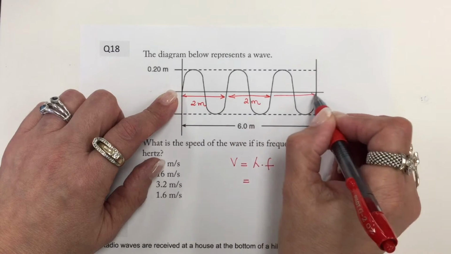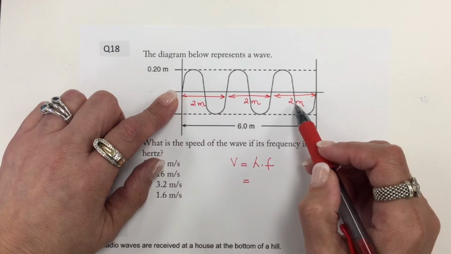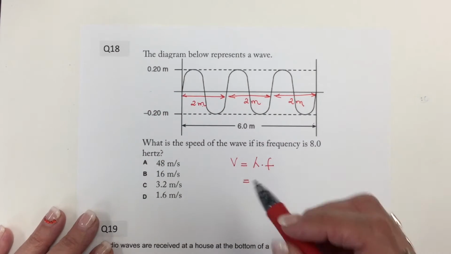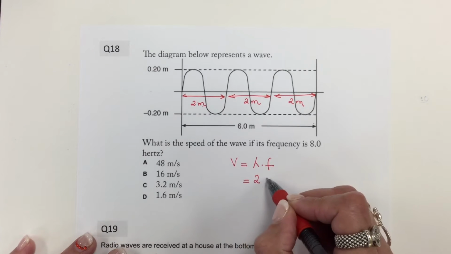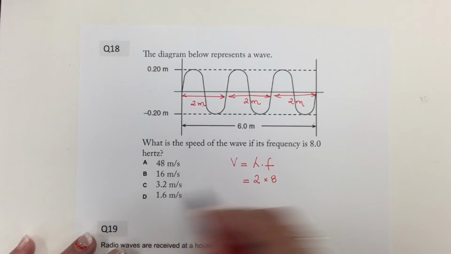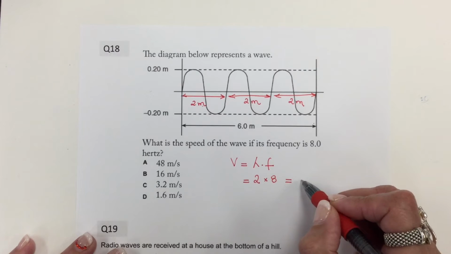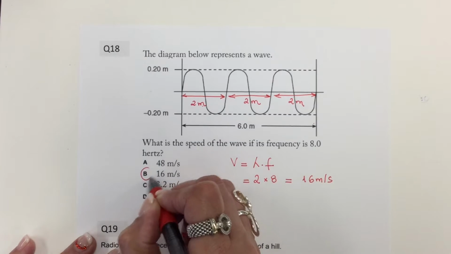And the last one is 2. So 2 plus 2 plus 2 is 6. Okay, so now that we know the value of the wavelength, which is 2 meters, times the frequency, which is 8 Hertz. So 2 times 8 is 16 meters per second. So that's the answer, B.